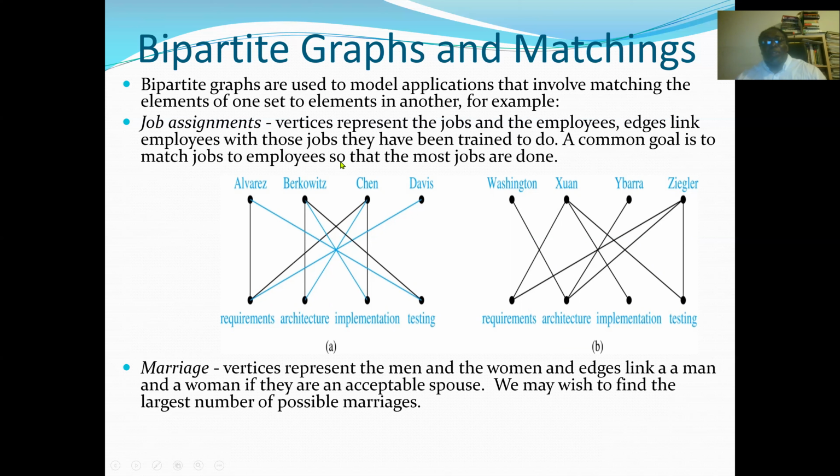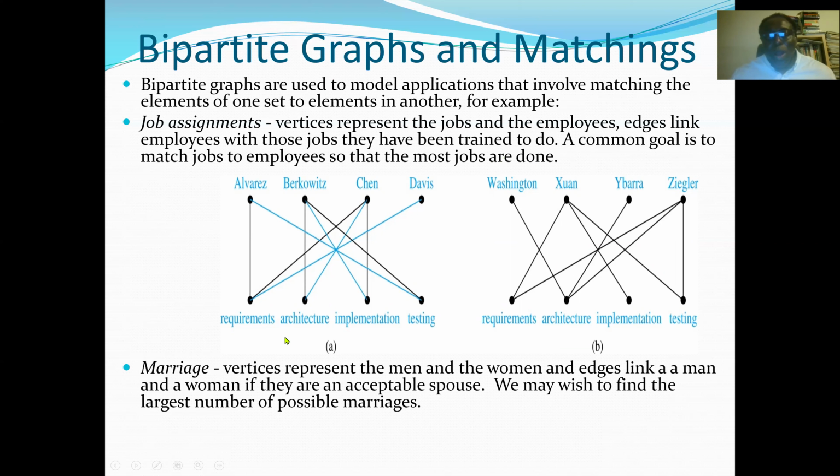Vertices represent the jobs and employees, and edges link employees with those jobs they have been trained to do. The common goal is to match jobs to employees so that the most jobs are done.